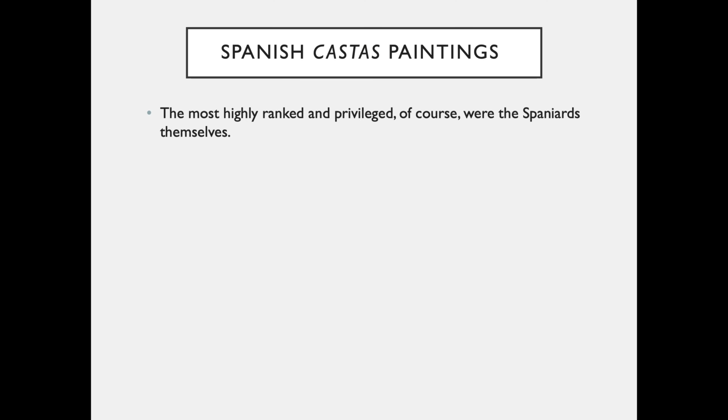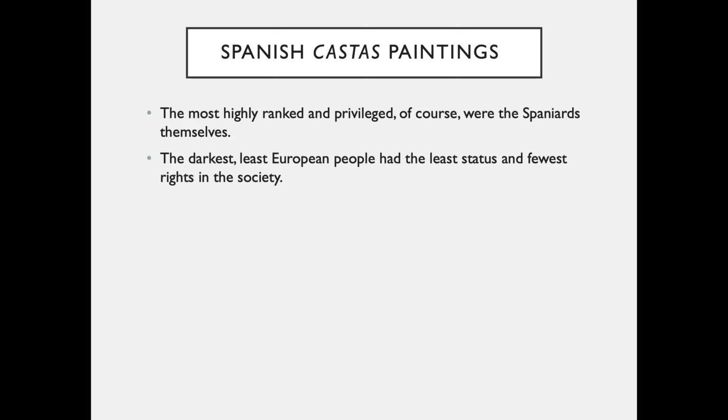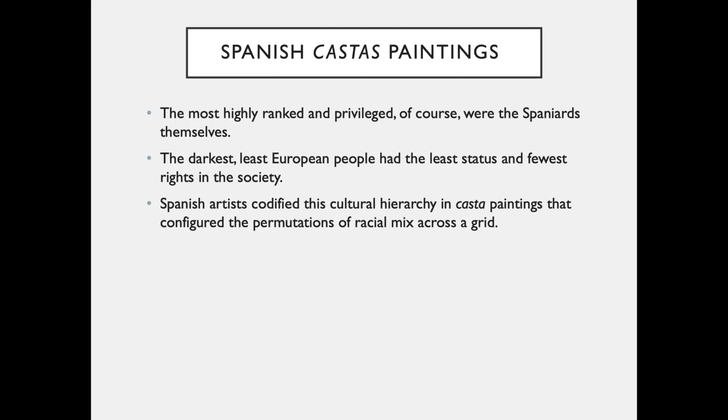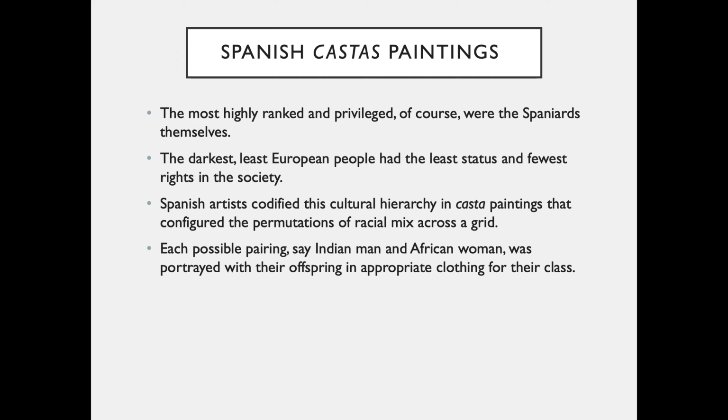The most highly ranked and privileged of the 16 classes or castes, of course, were the Spaniards themselves. And the darkest, least European people had the least status and the fewest rights in the society. Spanish artists codified this cultural hierarchy in Casta paintings that configured the permutations of racial mix across a grid.